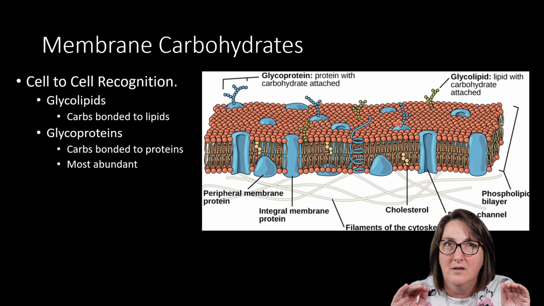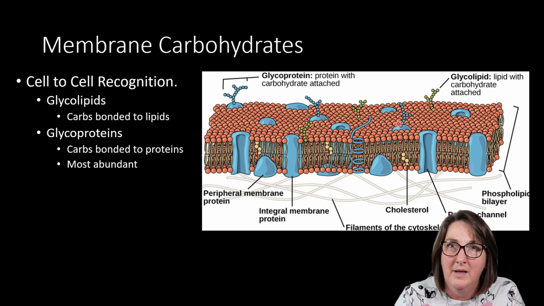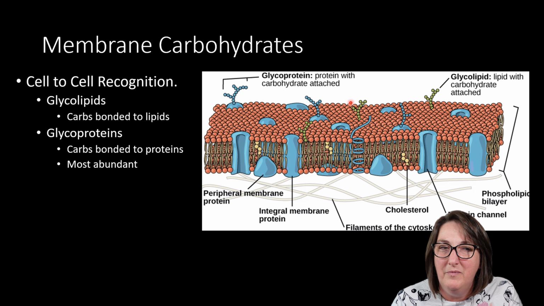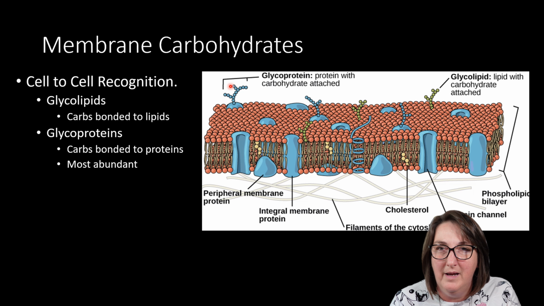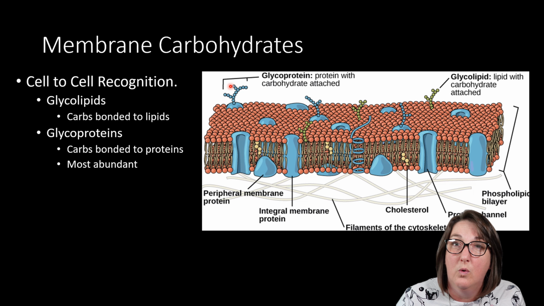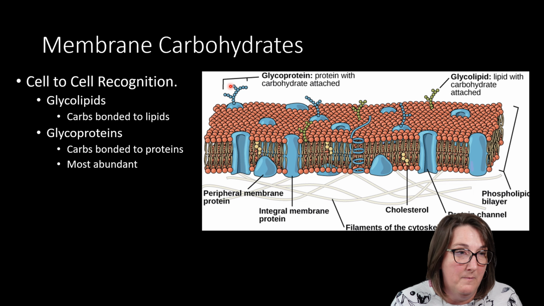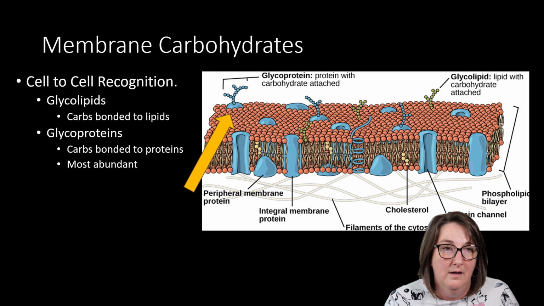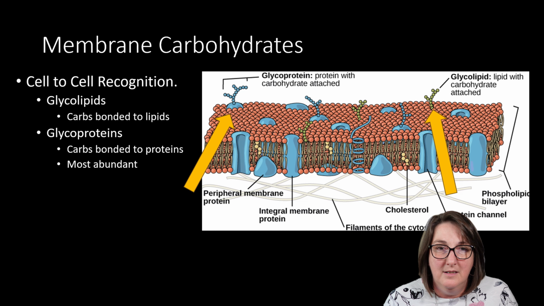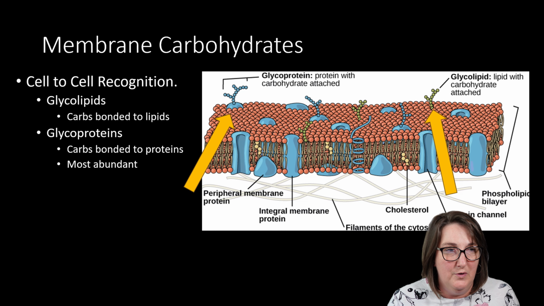So they have to break down your immune system to try to keep that from being such a problem and your body attacking these new organs that you've gotten if you have to have an organ transplant. So there's my glycoproteins, my glycolipids. So those are pretty important for cell recognition.